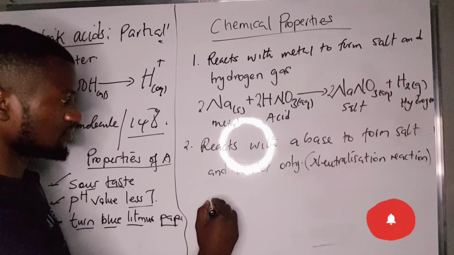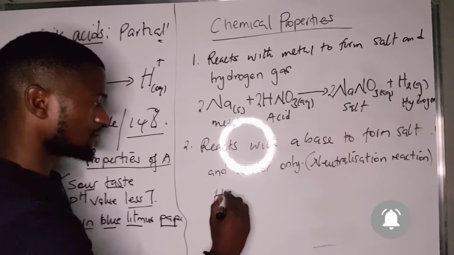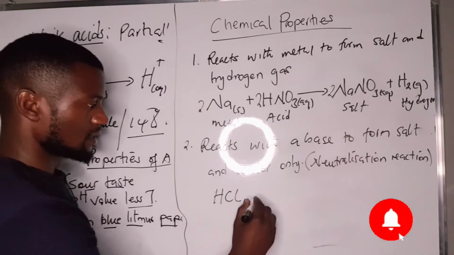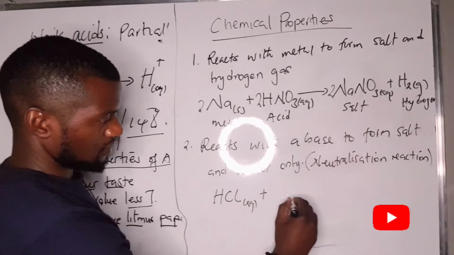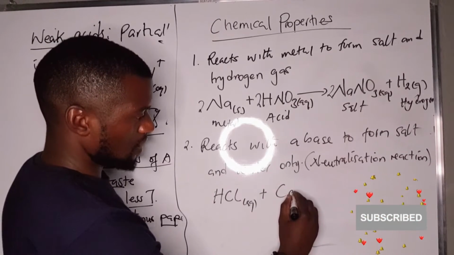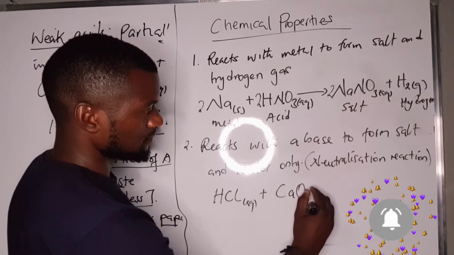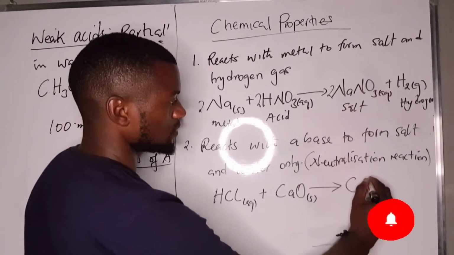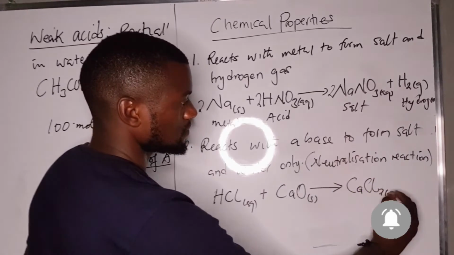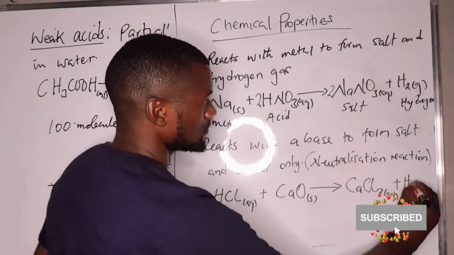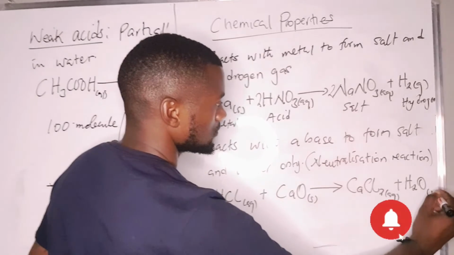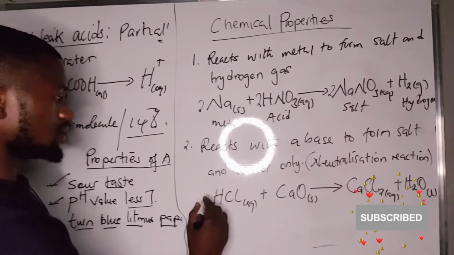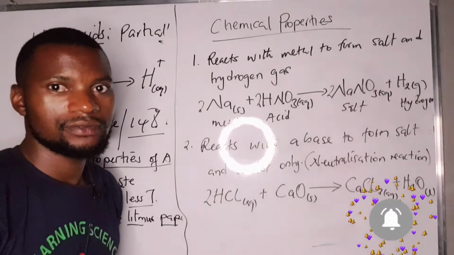So we have an acid, HCl, reacting with a base, which is calcium oxide. This is going to give us calcium chloride and water.